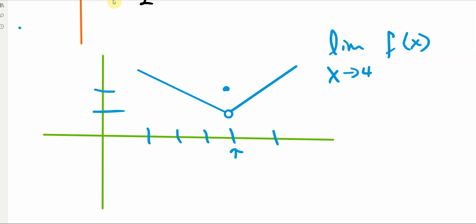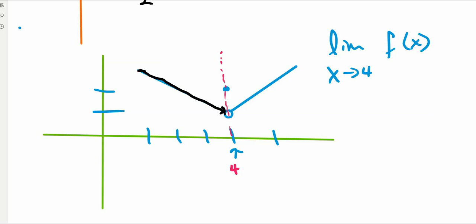All right, so as I come from the left side, remember, here's my 4. I like to draw an imaginary line here at 4. As I come from the left side, as I'm coming on the graph, remember I'm traveling on the graph, what y coordinate am I approaching when I get to this imaginary line that I drew?